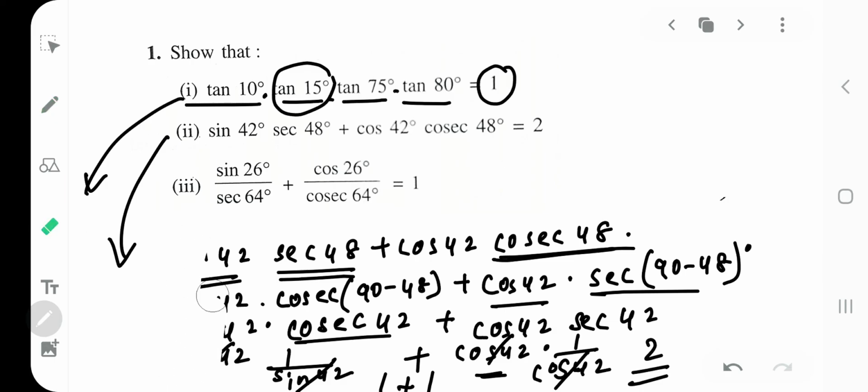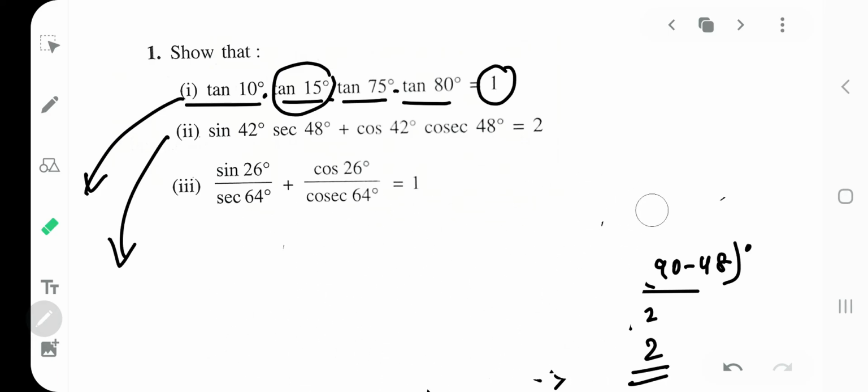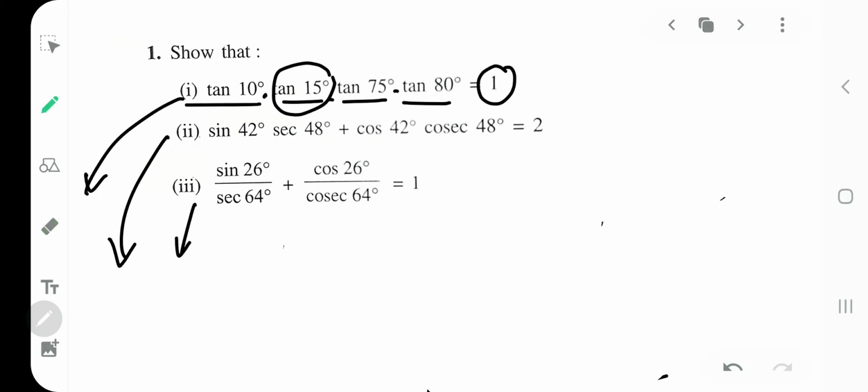Similarly, we have our problem number 3. Sine 26, I'll prefer to write sine 26 only. Here sec 64, can I write it cosec 90 minus 64?